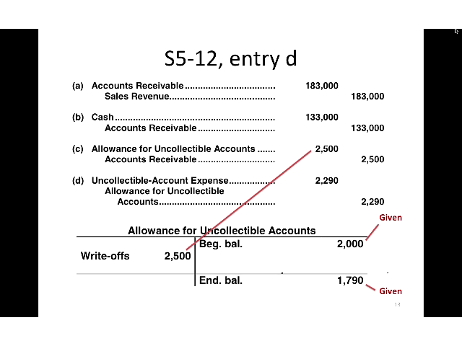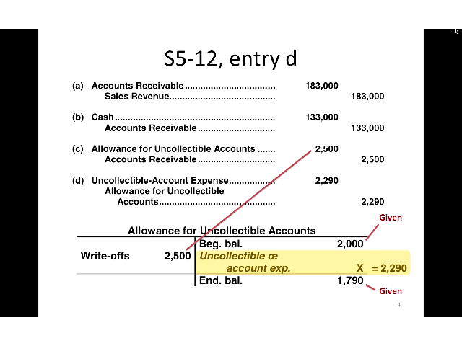So now we have this situation where we have a beginning balance of $2,000. We have a debit of $2,500, but we want our ending balance to be $1,790. So what we end up having to do is solve for X, and X will be on the right-hand side.